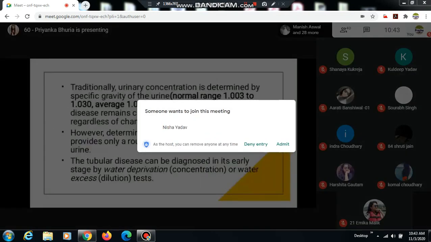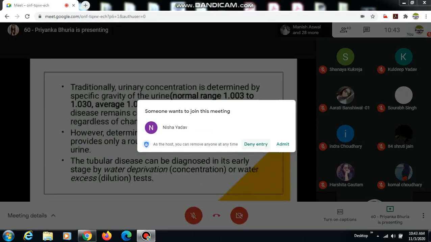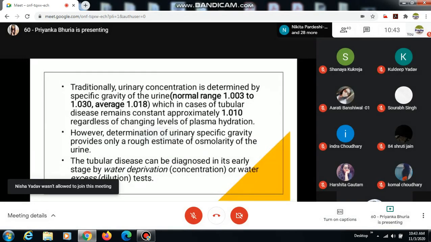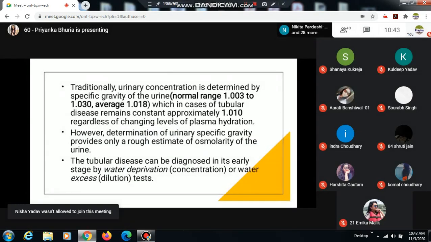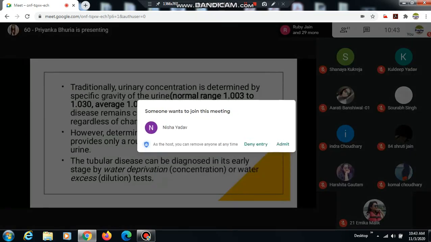Traditionally, urinary concentration is determined by specific gravity of the urine, and the normal range is 1.003 to 1.030 with an average of 1.018, which in cases of tubular disease remains constant at approximately 1.010, regardless of changing levels of plasma hydration.